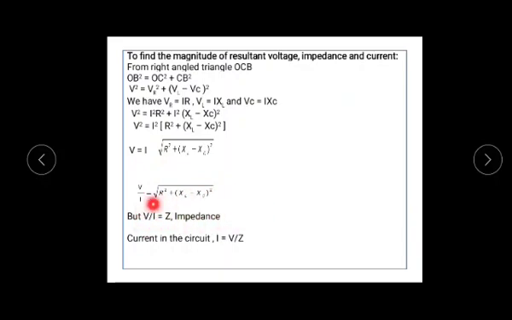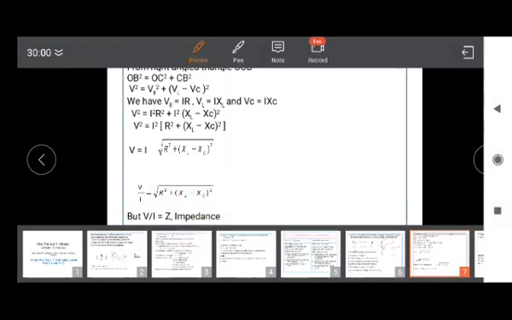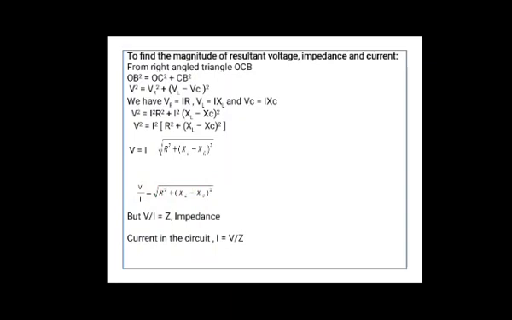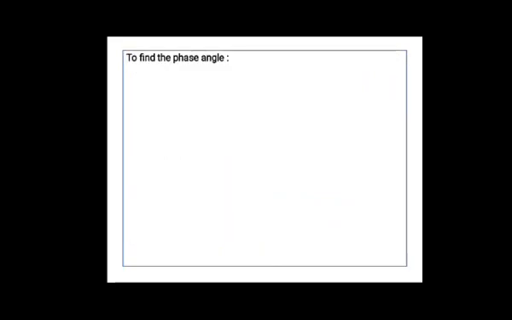So the expression for impedance is Z is equal to the square root of R square plus XL minus XC whole square. Then for current, I is equal to V divided by Z, where Z is the impedance.